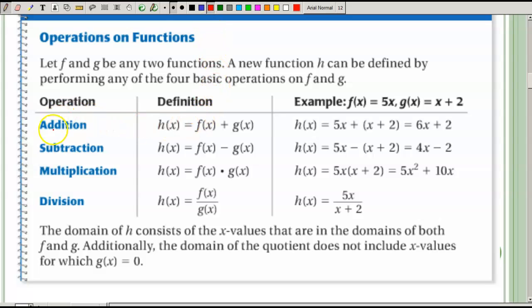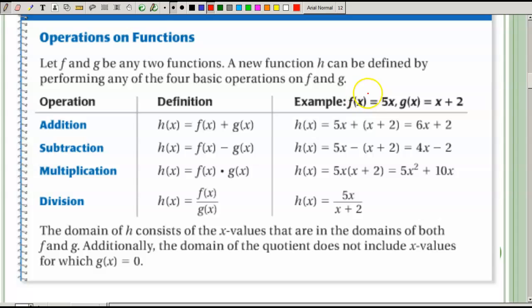We can look at one function and another function and simply add them together, just like we would any polynomial. We've done a lot of these in chapters 4 and 5. We can add them together, subtract them, multiply them, and divide them.